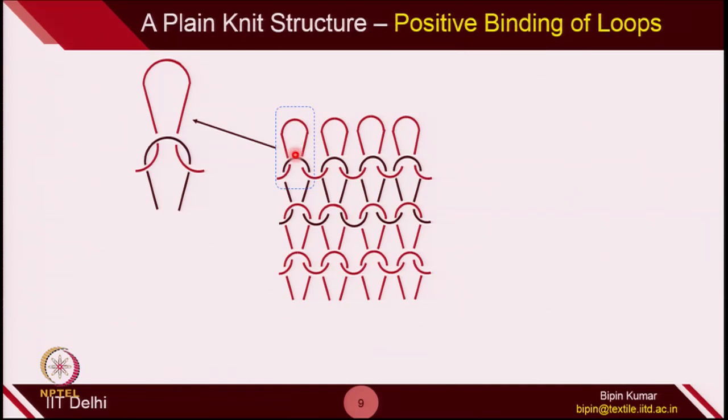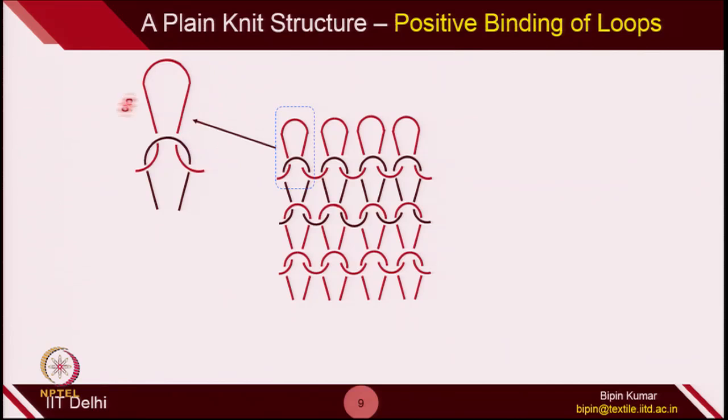If you see the loop in the top rows, there are no loops above this particular top row. Okay. What does it indicate? It indicates that this particular red loop has only the opportunity to interact twice with the bottom. There are no intermeshing points on the top side.